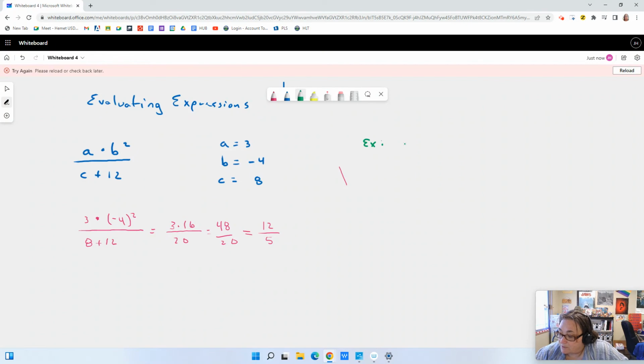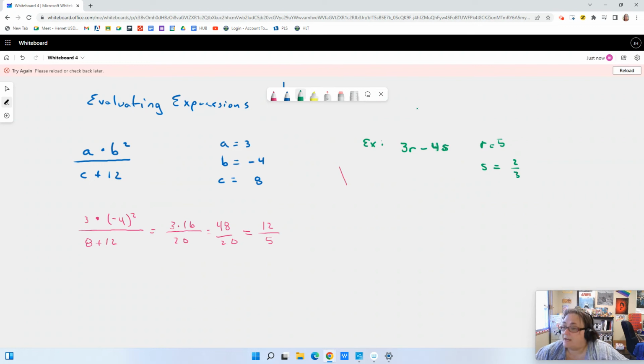Your chat box question is 3r minus 4s. That's an s. 3r minus 4s, where r equals 5 and s equals 2/3.